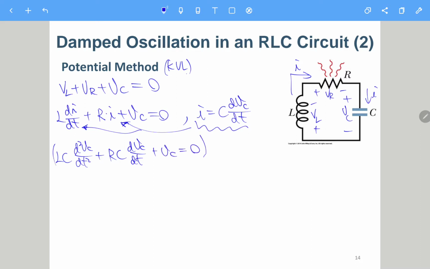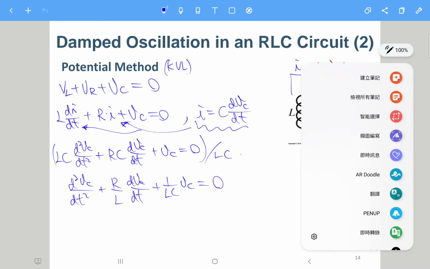Then we divide both sides by LC and get d2VC/dt2 plus R over L dVc/dt plus 1 over LC VC equals 0. So we get the same equation with two different methods. And here we will try to solve this equation.